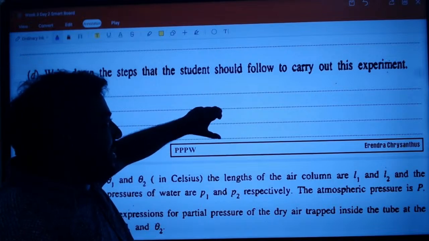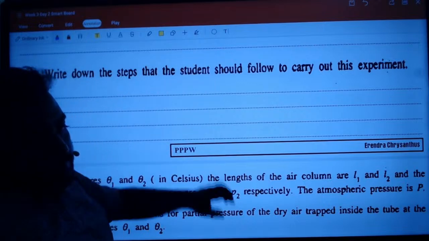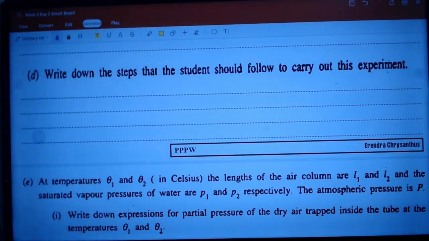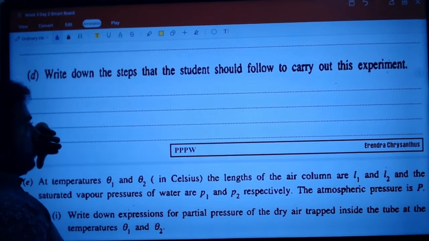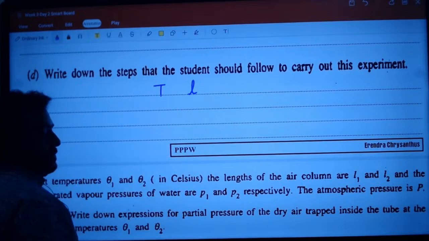So for every temperature of the air column, we measure the length of the air column. Right? So for different temperatures, you measure different lengths.